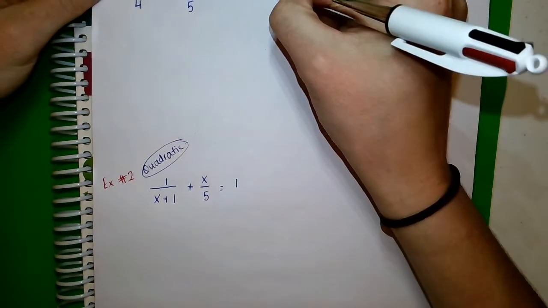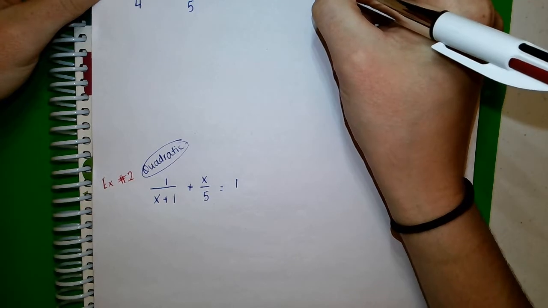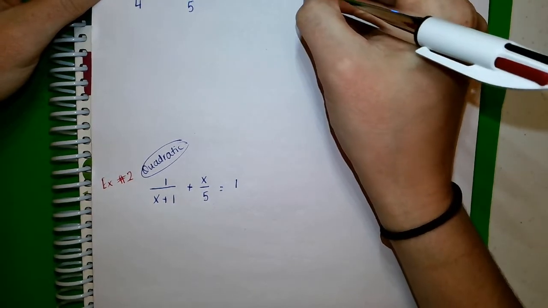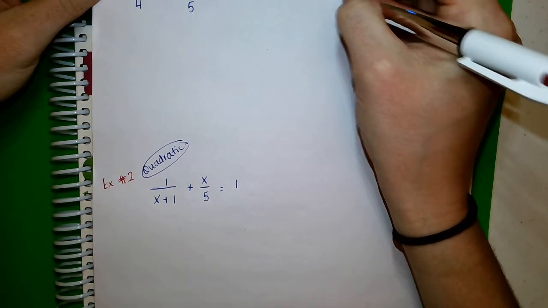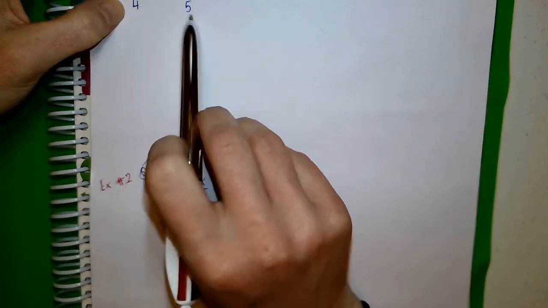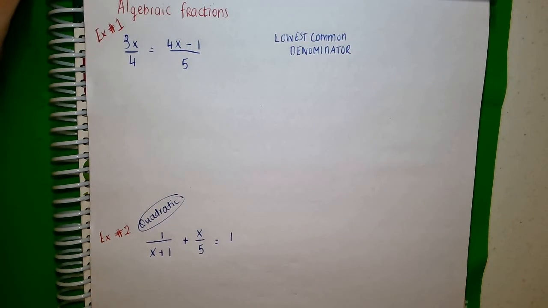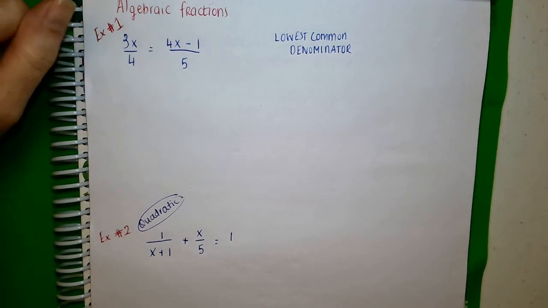An important term that we need to understand in this video, and it's something that I'll be talking about throughout, is the lowest common denominator. All that means is, say for example our denominators here are 4 and 5, the lowest common denominator is a number that both 4 and 5 divide into evenly, and also it's the lowest number that both of these numbers divide into.